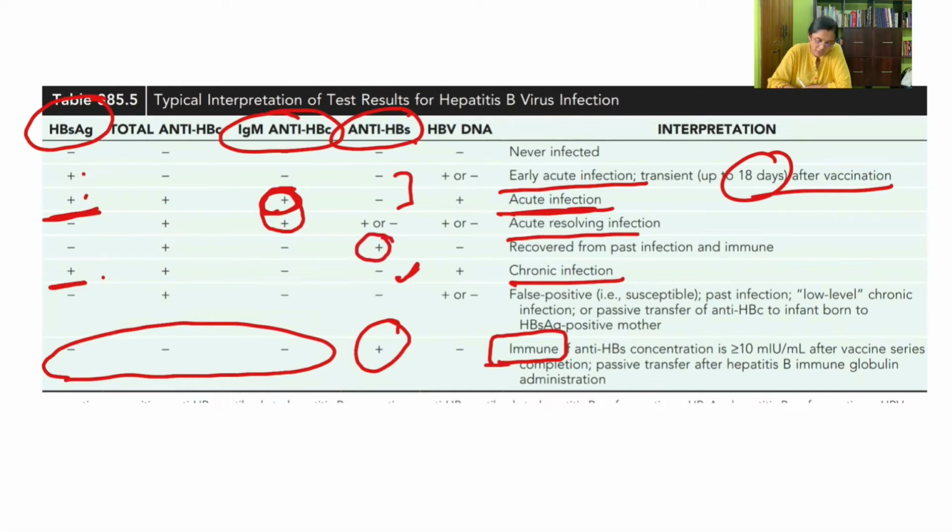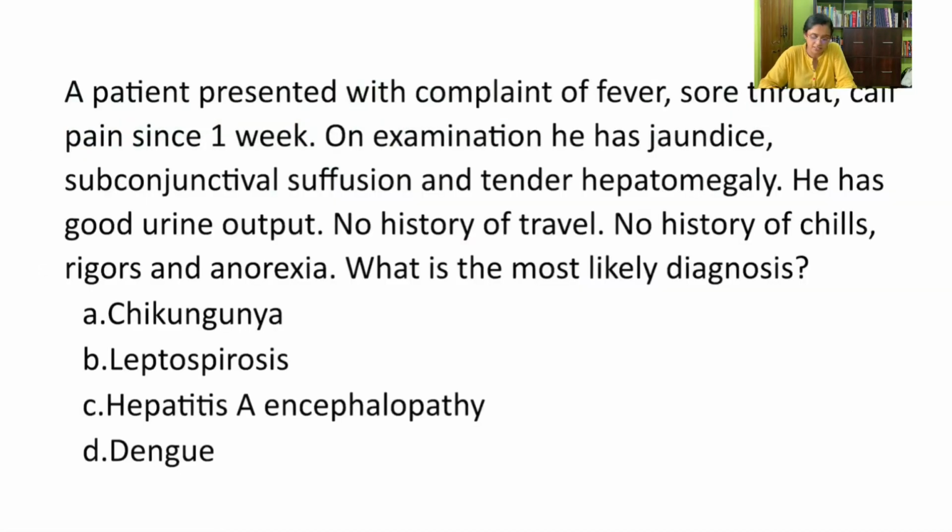And if the anti-HBs is positive and along with it total anti-HBC is positive, that means he is immune, but he has recovered from the past infection. He is immune because of the infection itself. Okay, so it's not very difficult. By this chart, you can easily remember how to interpret the test results of hepatitis B infection.